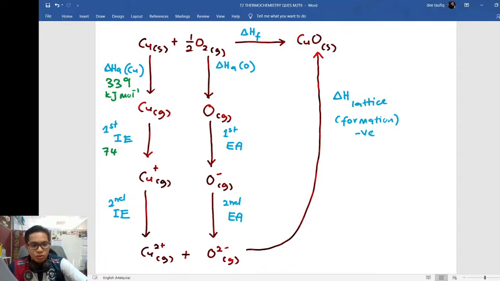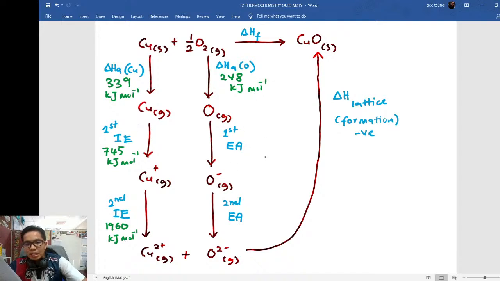745 kJ per mole. Next one, second IE. This is 1960 kJ per mole. After that, atomization of oxygen. So positive 248 kilojoule per mole.